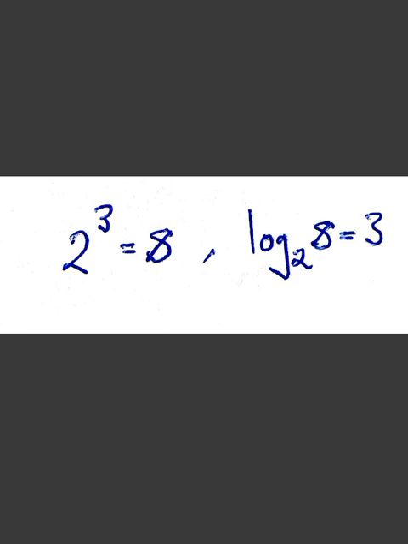So if you have the number 2 raised to the power 3 equal to 8, and then you've been told to express this exponential form in logarithmic form, what you do is you just say log 8. So say log 8, the 8 here, which doesn't have an index, you say log 8 to the base 2. The 2 which is here becomes the base, equal to 3, right?